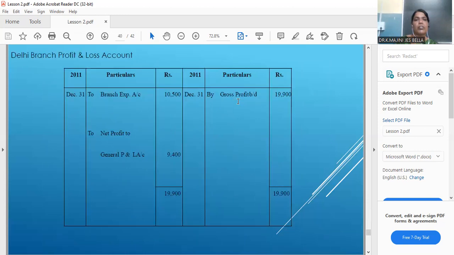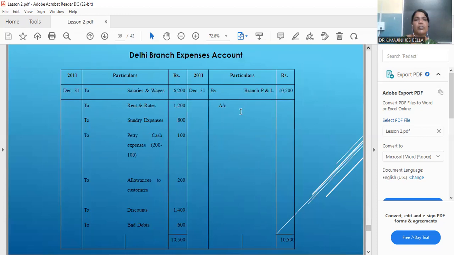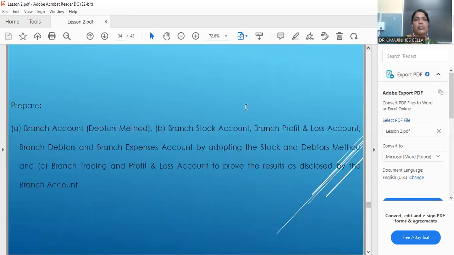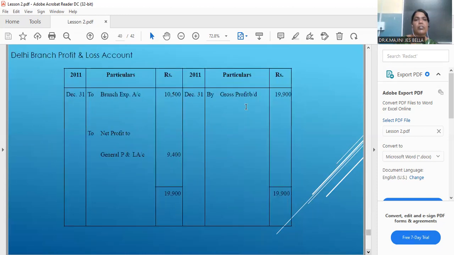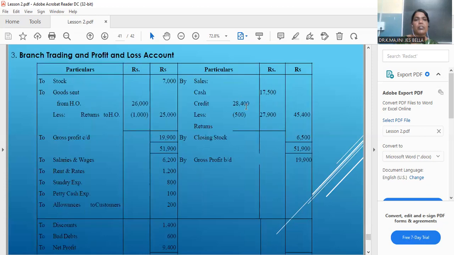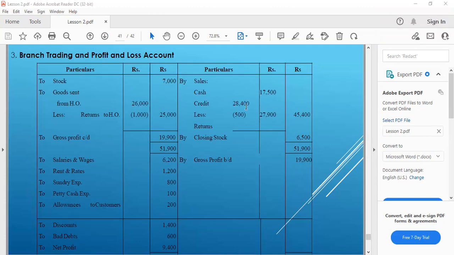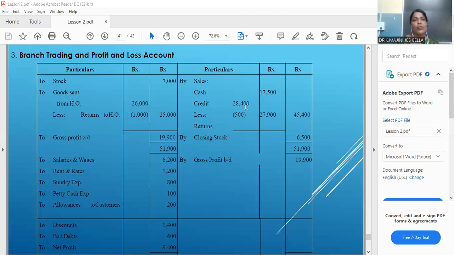Then by gross profit. Gross profit we already got, right? Then you have this loss in profit, and also 6,000 minus 25,000. Okay, you come to this credit side.